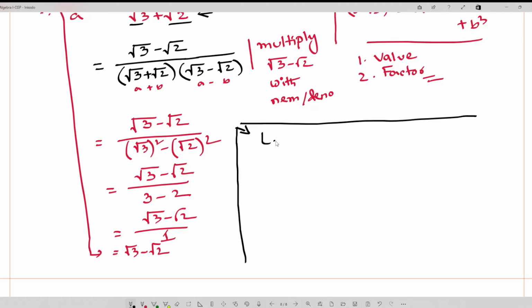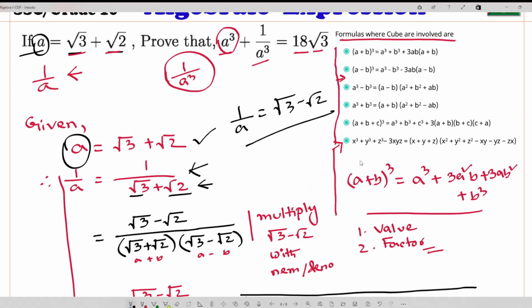okay? So left hand side equals a cube plus 1 by a cube. Now question, which formula will we use? So here is one formula. Look, a cube plus b cube equals a plus b times a square plus b square minus ab.